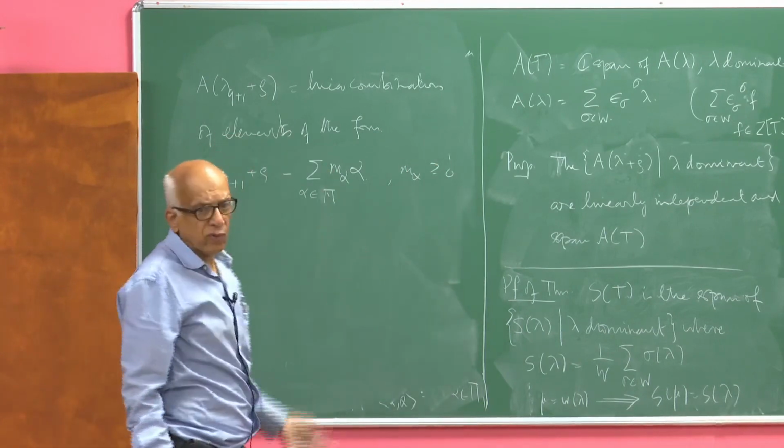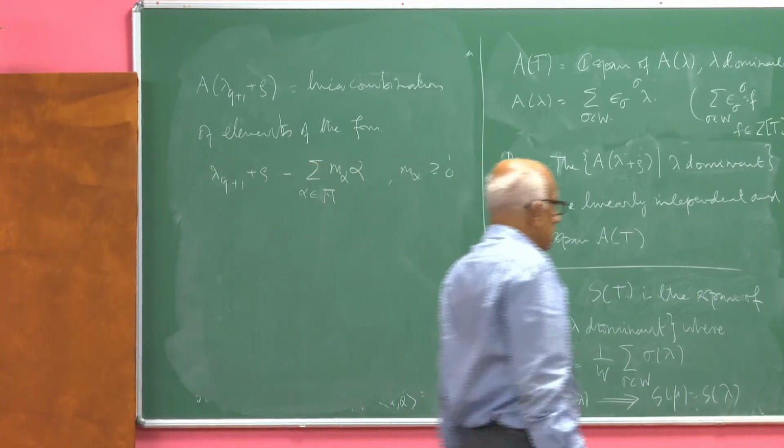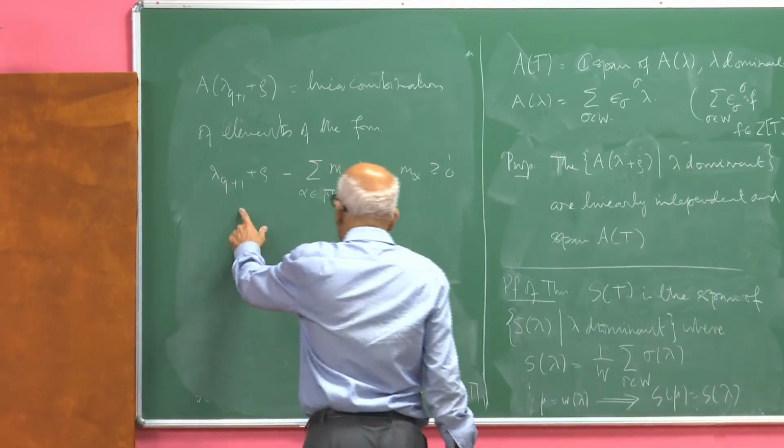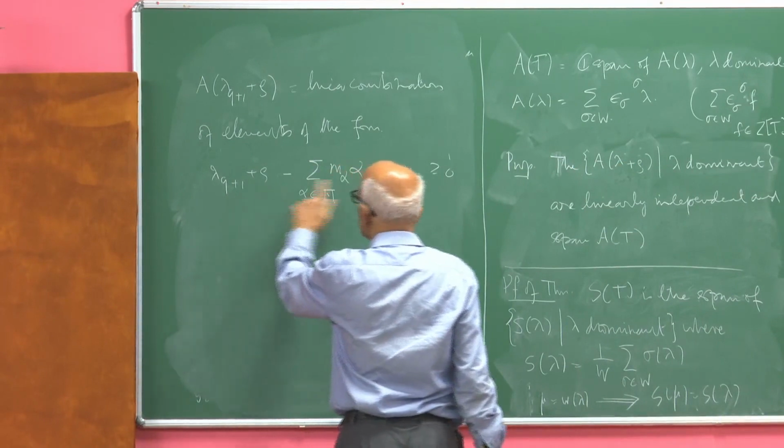Anything in that is of the form. Now look at the right side. Now lambda q plus 1 plus rho is of this form.